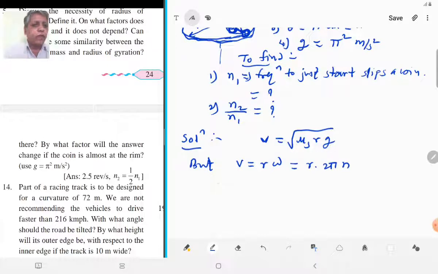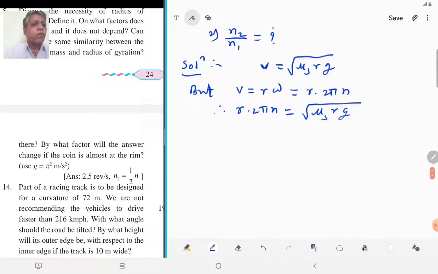Therefore, the above equation becomes R into twice pi n is equal to square root of mu s Rg. And therefore, n is equal to 1 upon twice pi into R into square root of mu s Rg.